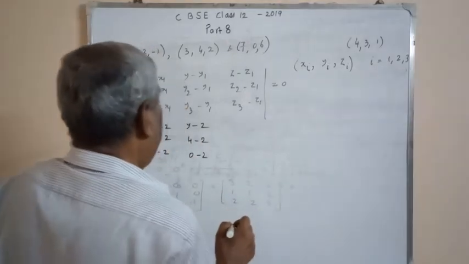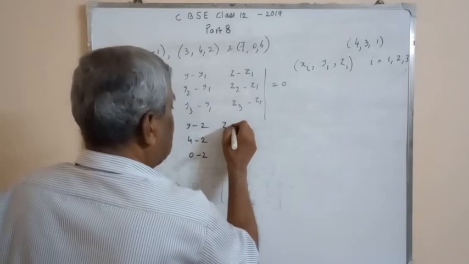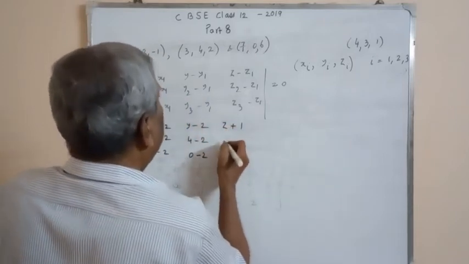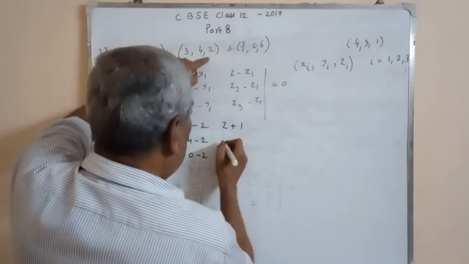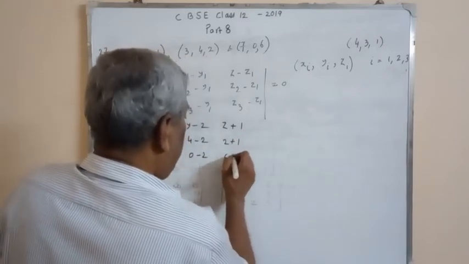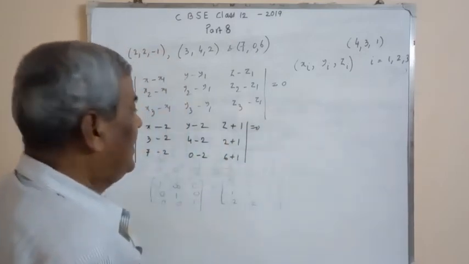Next, z minus z1, then 2 minus, then 6 is equal to 0.